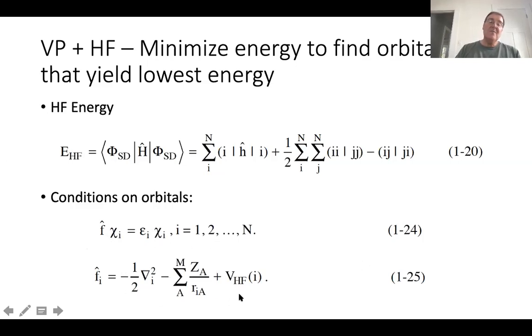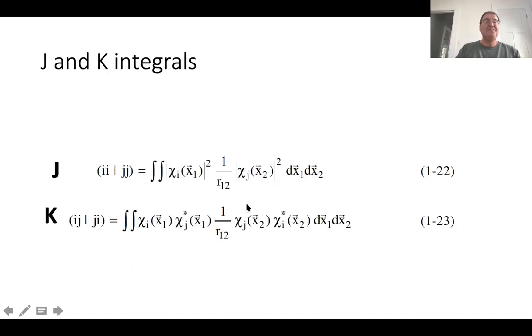And you see what's interesting about it is it's got a kinetic energy, it's got an attraction to the nucleus, and it's got the so-called Hartree-Fock potential here. And that really has to do with these electron repulsion terms. The J and K integrals, I write them out here. We'll talk more about them now, but you can see that if this is a wave function, which is an amplitude that can be plus or minus, the absolute value squared is a charge density. It's always positive or 0.